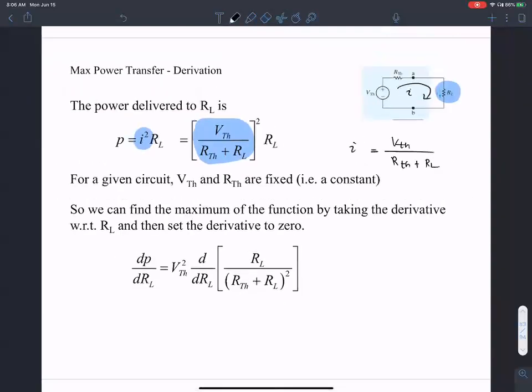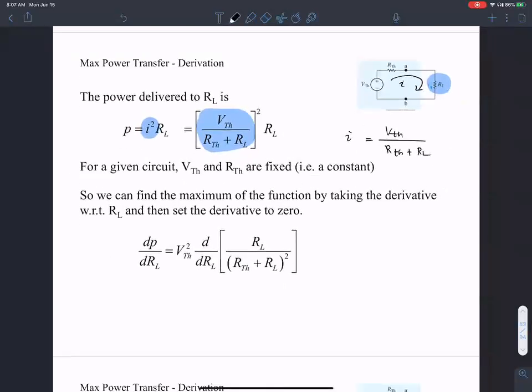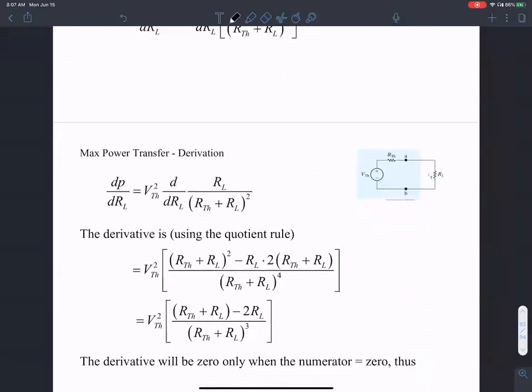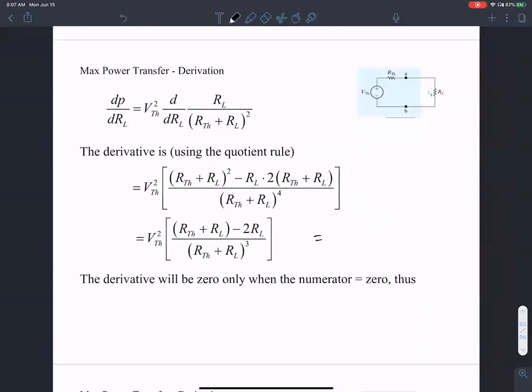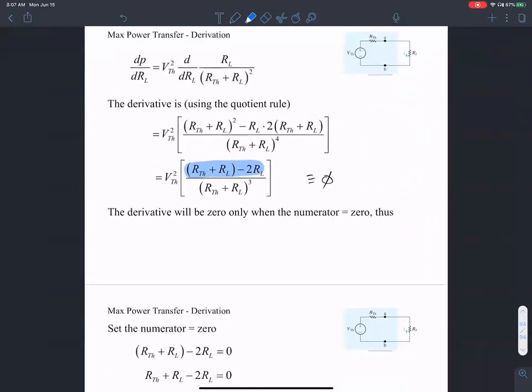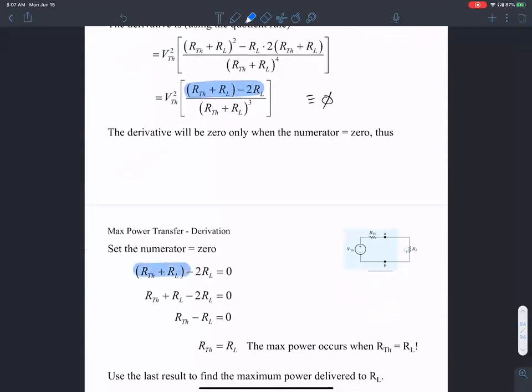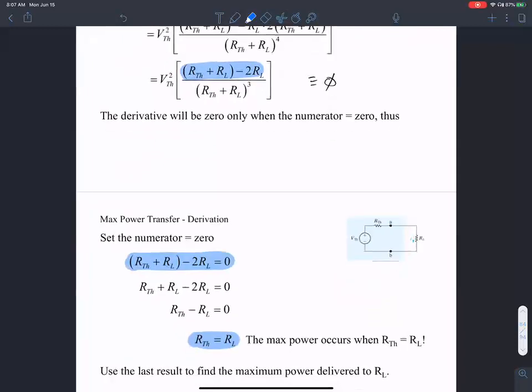In this case, it's going to be the maximum. Okay, so we do the first order derivative and equate all of that to 0. Equating the first order derivative simply means the numerator goes to 0. Okay, so the direct result of equating the numerator to 0 is that RTH equals RL.